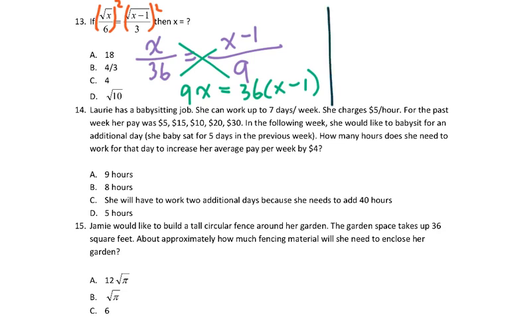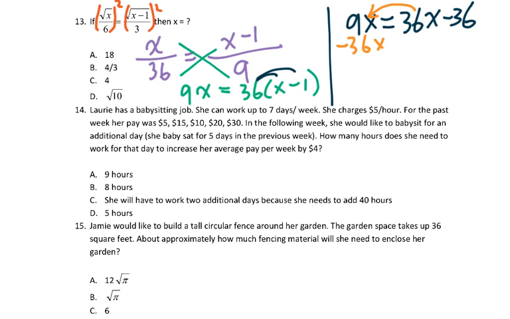Therefore, you will get 9x equals, by the distributive property, 36x minus 36. And subtract 36x from both sides. Then you will get negative 27x equals negative 36.